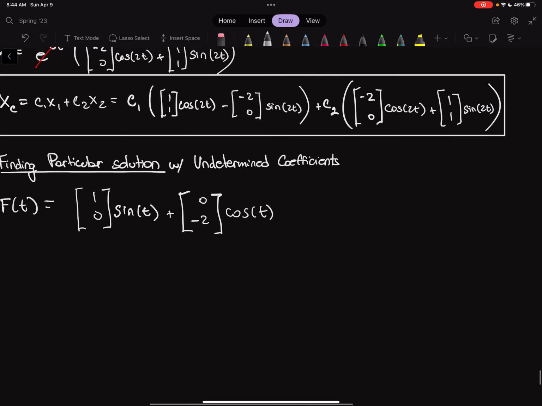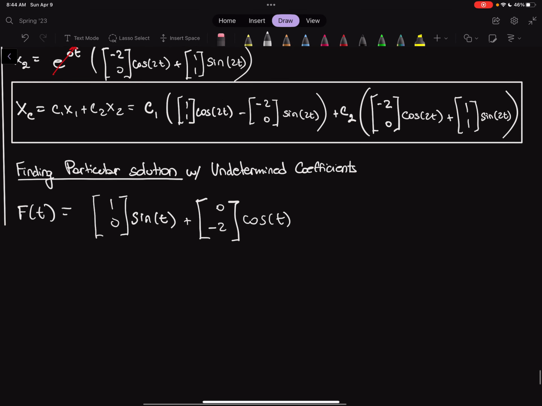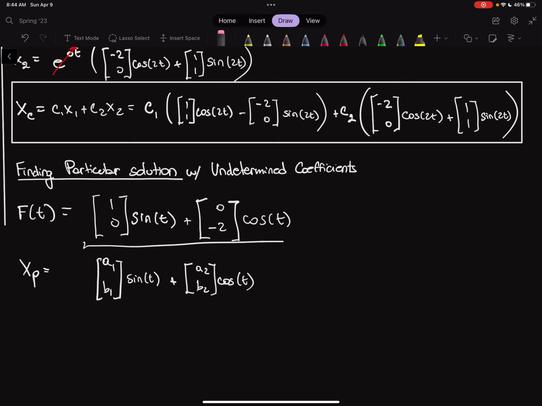So a good guess for this would be a1, b1 times the sine of t plus a2, b2 times the cosine of t. Because the derivative of this has to be a combination of sines and cosines.